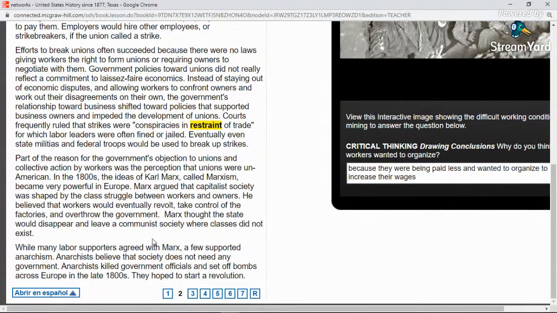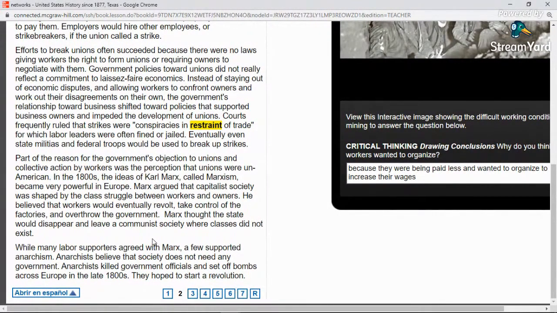And he had this idea of a class struggle between the workers and the owners, and this idea that the workers had to have a revolution in order to take control of the factories and overthrow the government. So the American government was like, we don't want this. And you'll find that to this day, this is a big, scary thing for Americans. Anything that smells like socialism, they do not want.